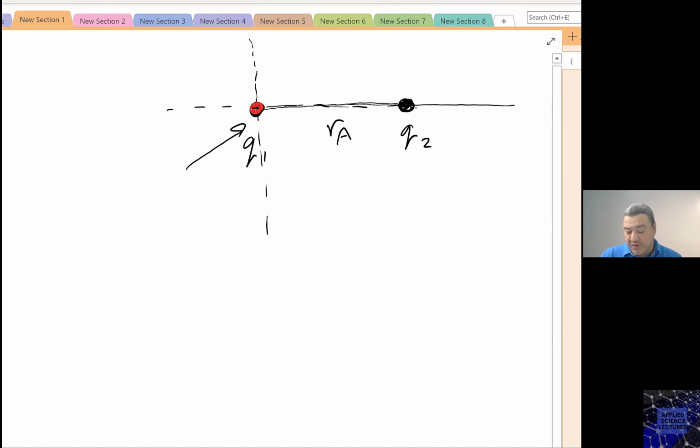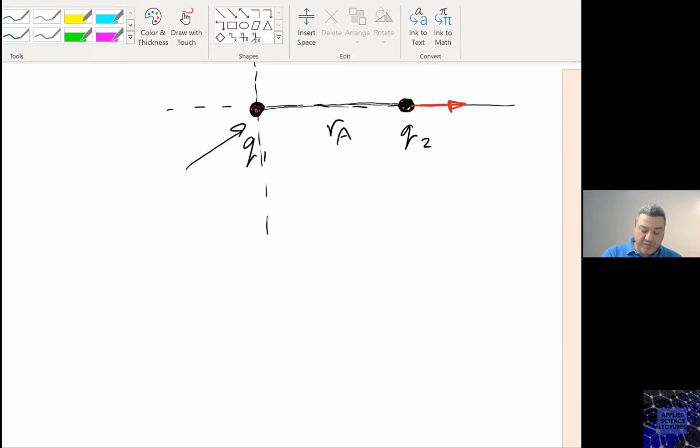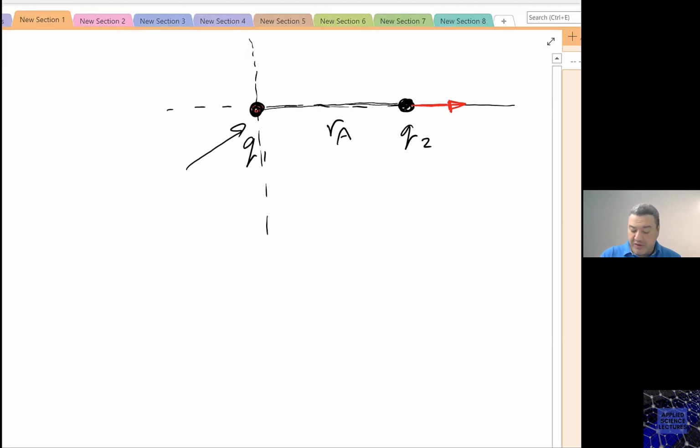It's going to exert a repulsive force in this direction, let me call this one F1.